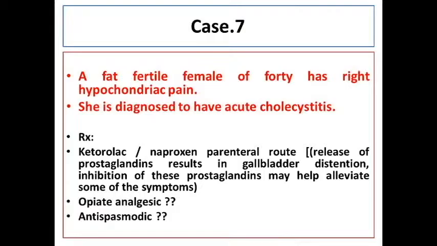Again, we would like to use the parenteral route because it's a severe pain. Now, why may ketorolac and naproxen help in this situation? Because we have realized that release of prostaglandin results in gallbladder distension. Therefore, inhibition of these prostaglandins may actually help in alleviation of this symptom.